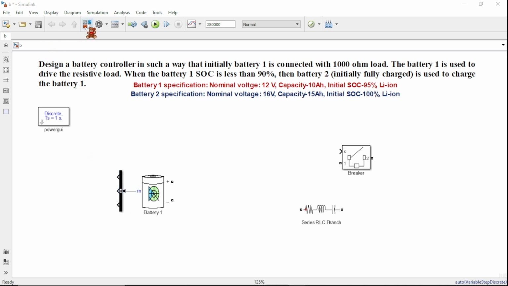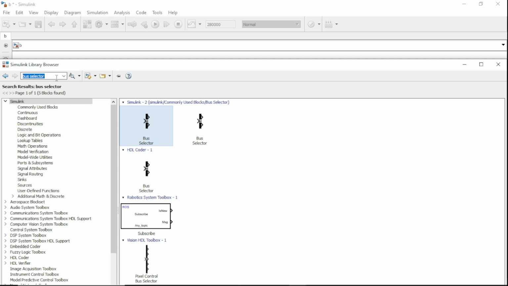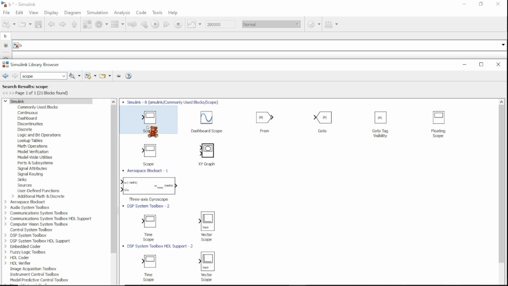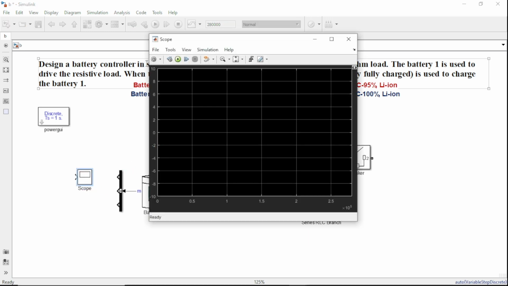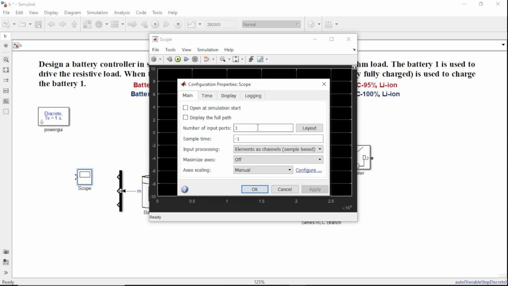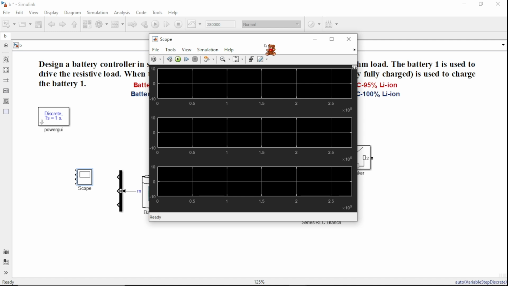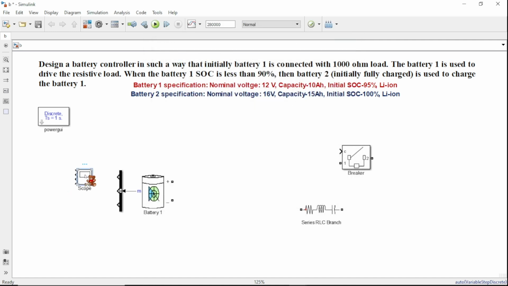Now I take a scope to see the output. As there are three outputs, we need three inputs on the scope. So I am choosing 3 and taking the layout just like this, and rotating this one.